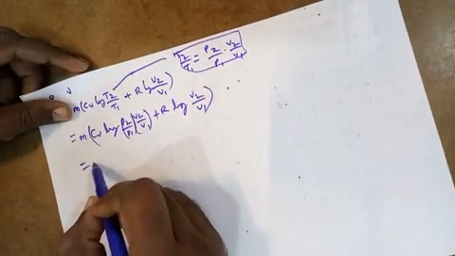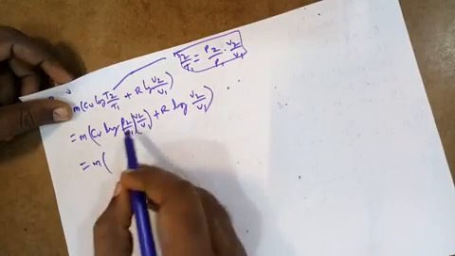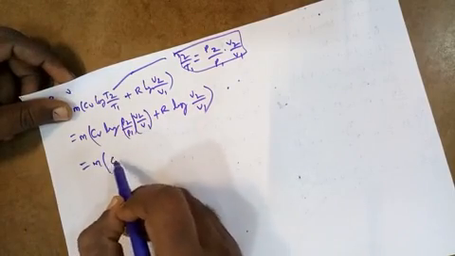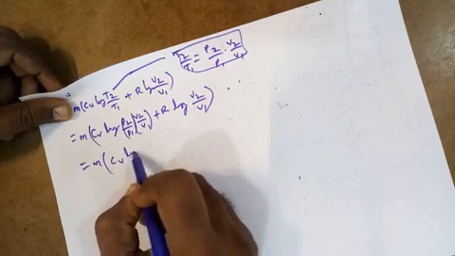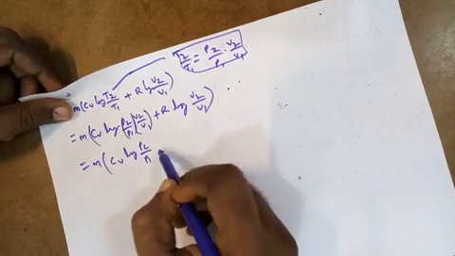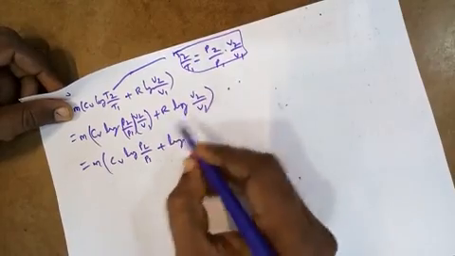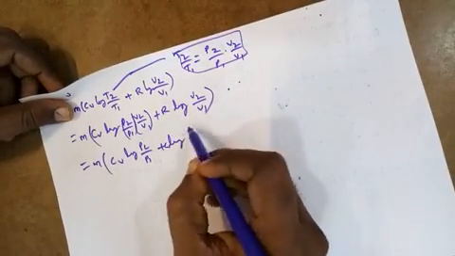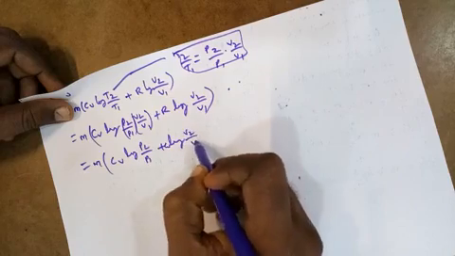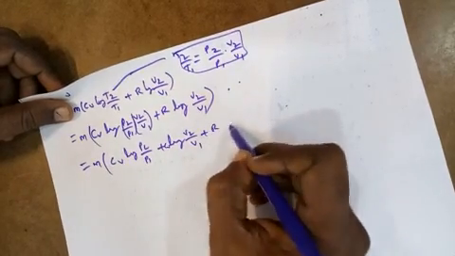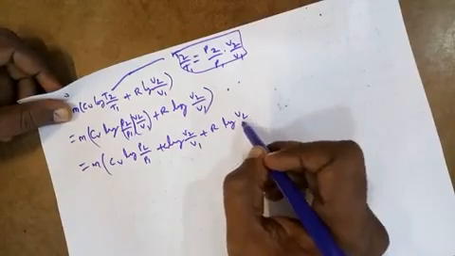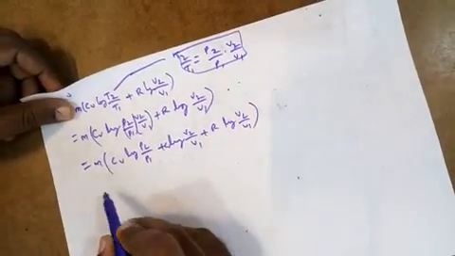Here, using the logarithmic function log AB, dividing this, log P2 by P1 plus log V2 by V1, gives Cv log V2 by V1 plus R log V2 by V1.